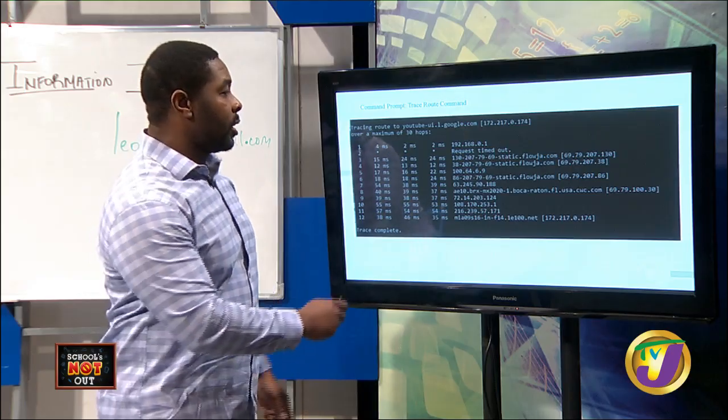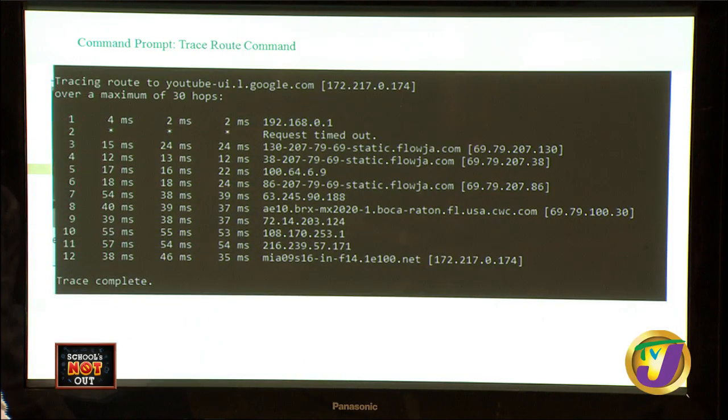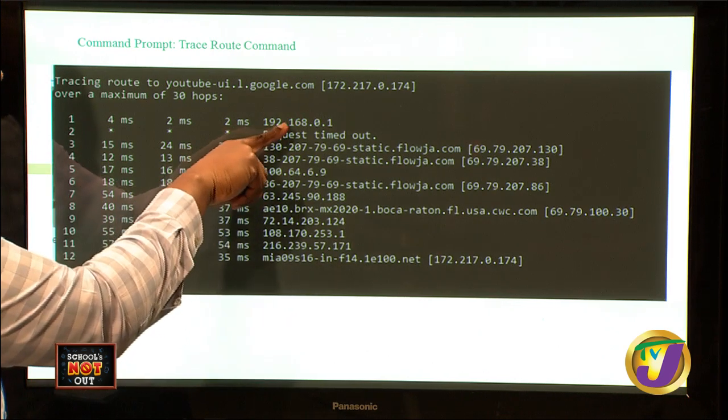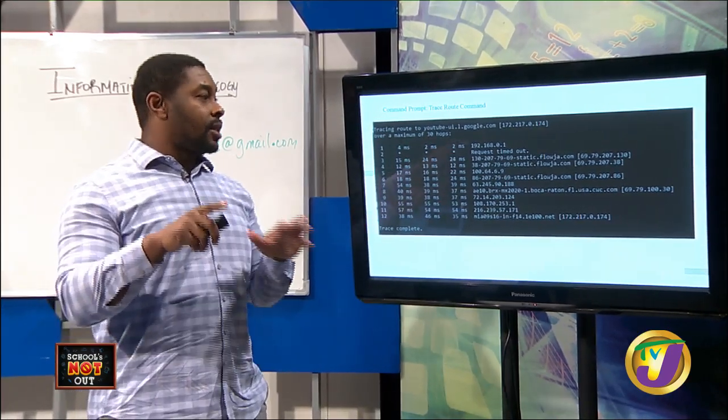And what happens here is that after 2 milliseconds, my computer gets a response from my router. So my router now has this IP address, 192.168.0.1. After 2 milliseconds, all right, for those of you who do math, that is 0.002. Yes?